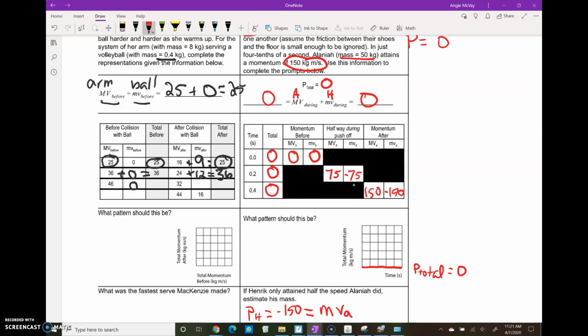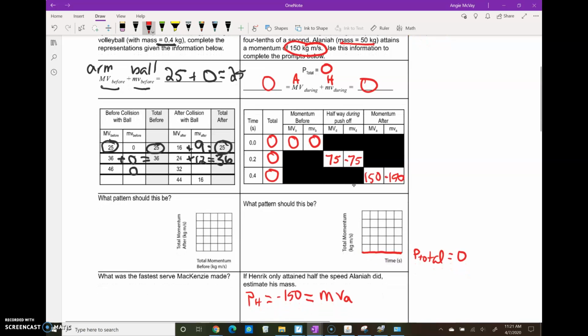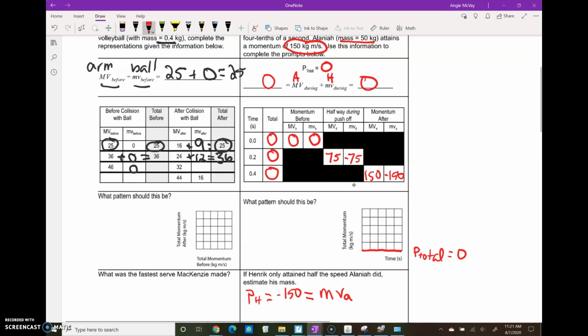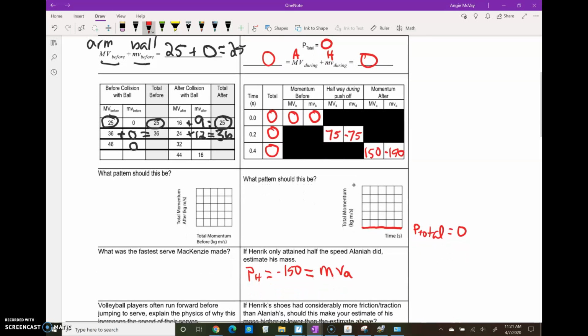And if Henrik has the same momentum as Alanya, but gets to half the speed, that means that his mass must be double hers for the total MV to still stay the same, right? That 2 and 1/2 will have to cancel out.